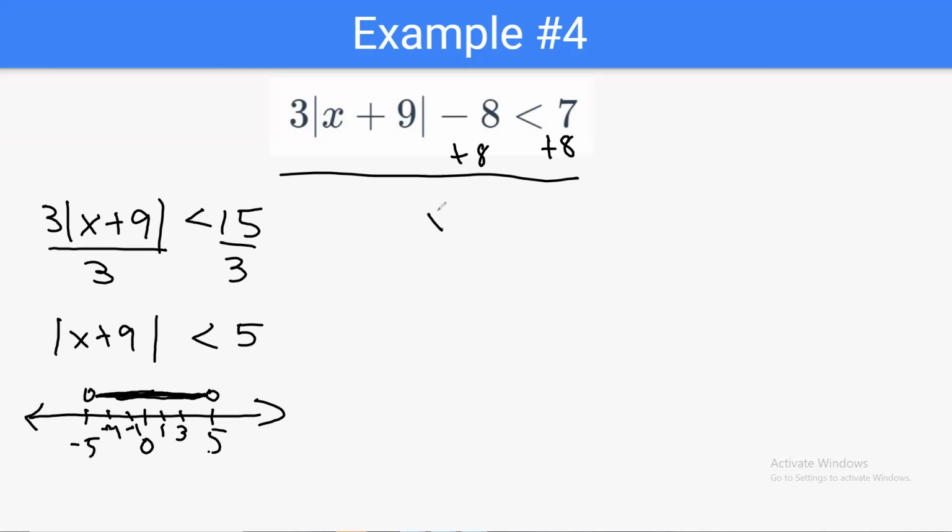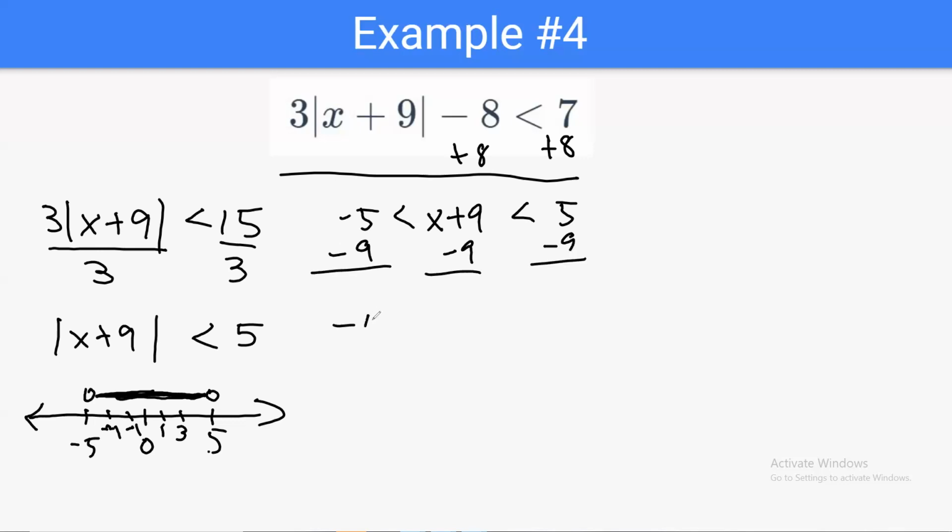So x plus 9. If it's an AND statement, I always put whatever's in my absolute value in the middle and go negative 5 and positive 5 and just put less than signs. Okay? So I'm going to subtract 9 on all 3 sides, here, here, and here.